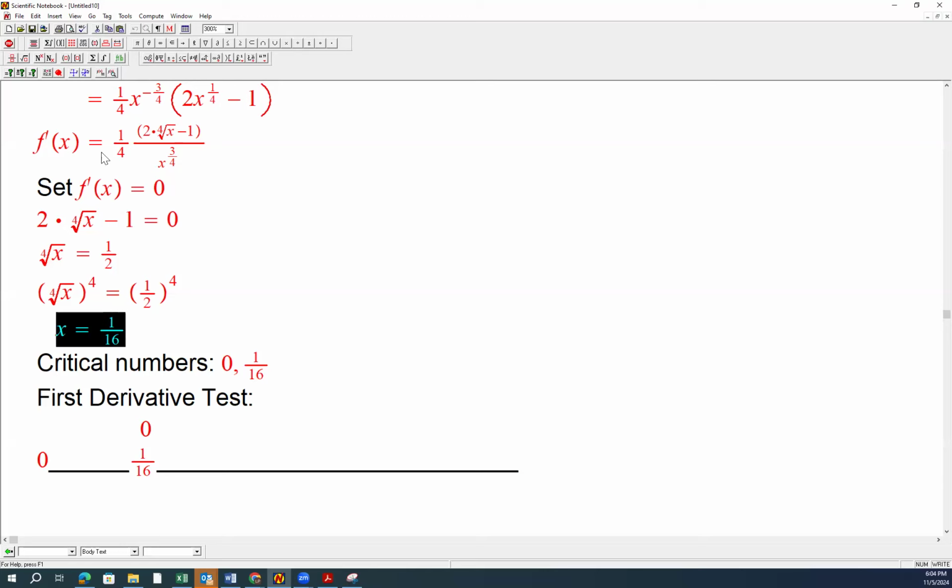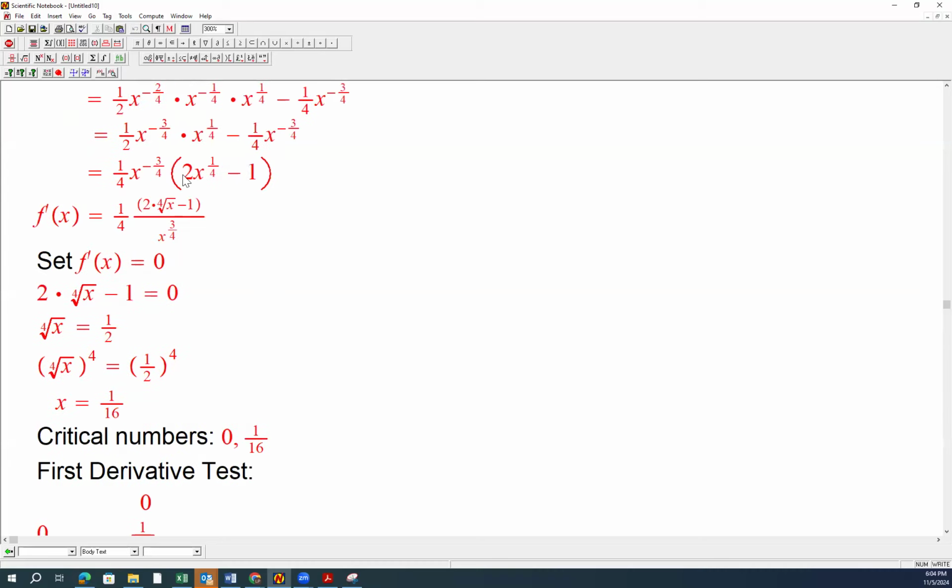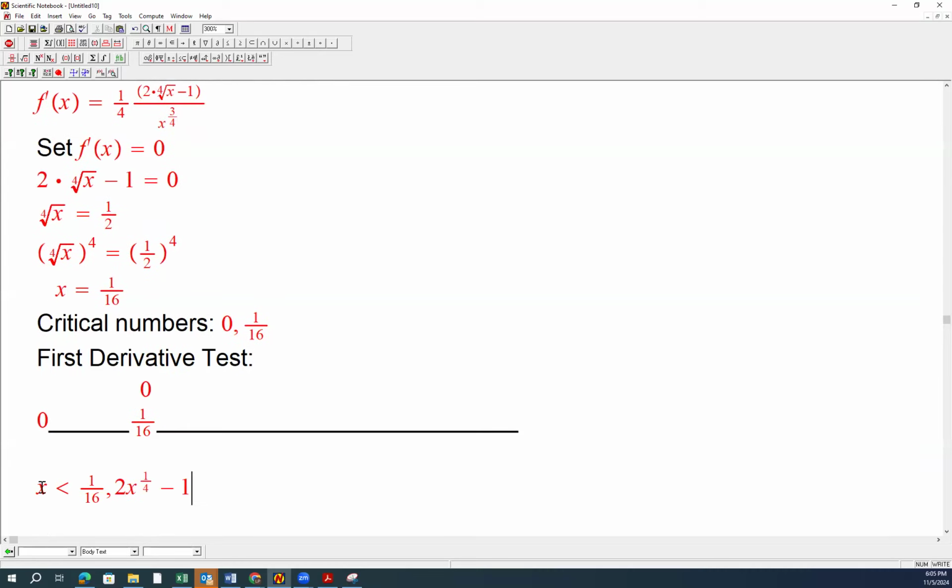If we do it mathematically, I pretend this is scratch paper. What I'm doing is seeing whether this is positive. x, of course, is larger than 0, and x is less than 1/16, so we're going to replace x by 1/16.